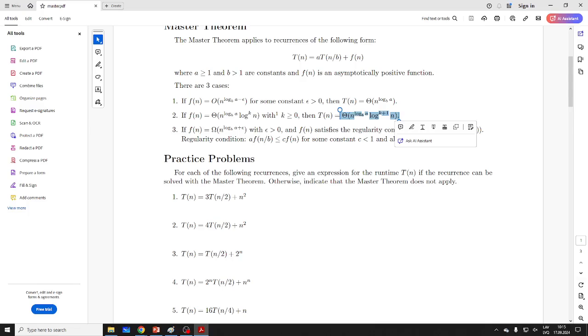In this particular case, there's no log. There's just n squared. So this means k was 0, and the answer will be n squared log n, because k is 0 plus 1.